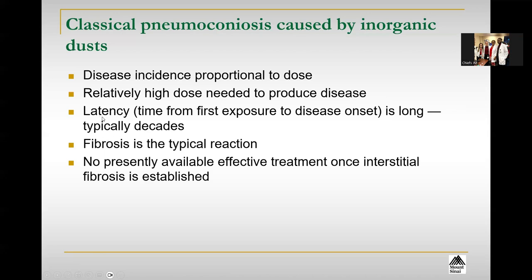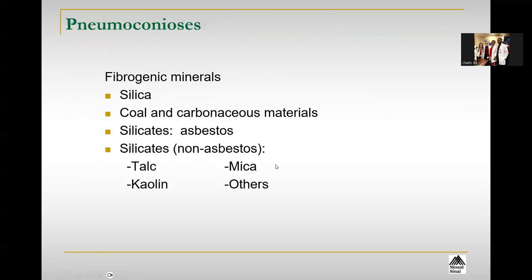It is very common that there is a long latency between the time of first exposure and disease onset, and it can be several decades, 1 to 3 decades. It's not unusual. And fibrosis is a typical common denominator of these conditions. And presently, there are no available effective treatments once interstitial fibrosis has been established.